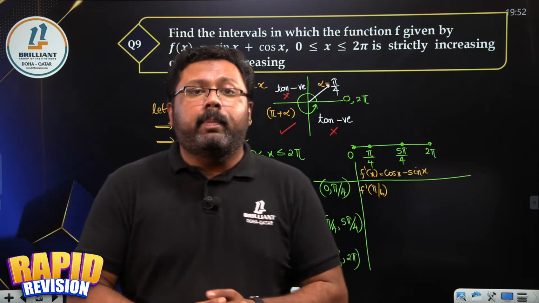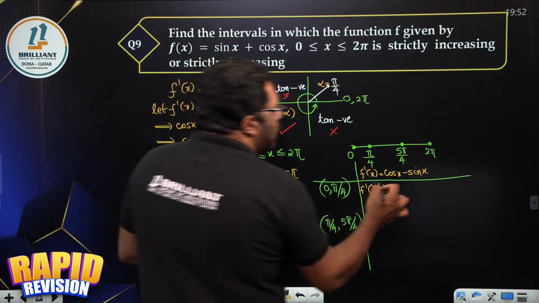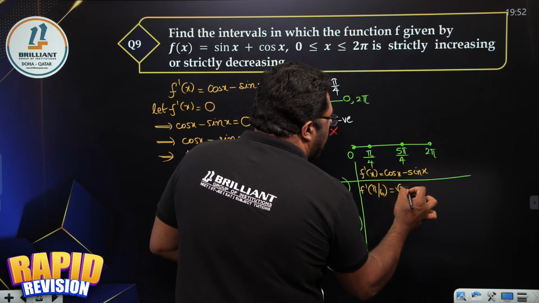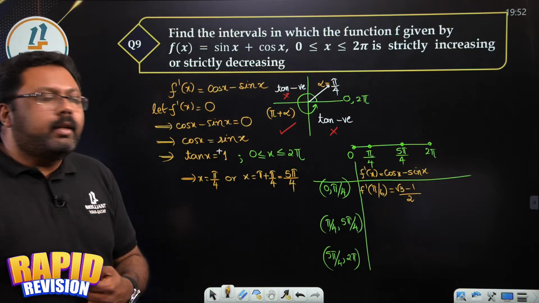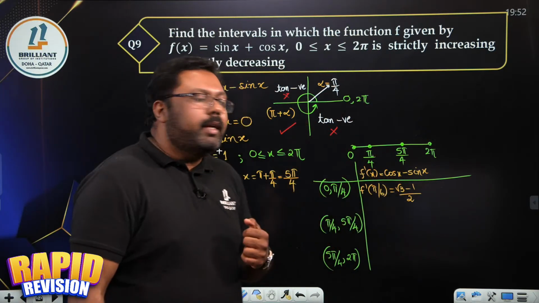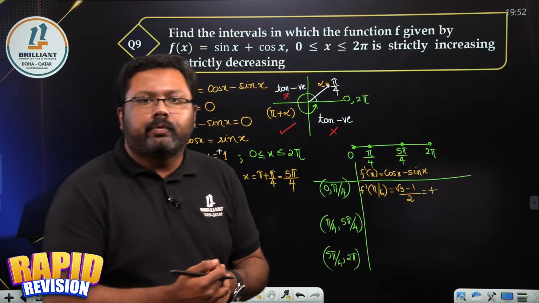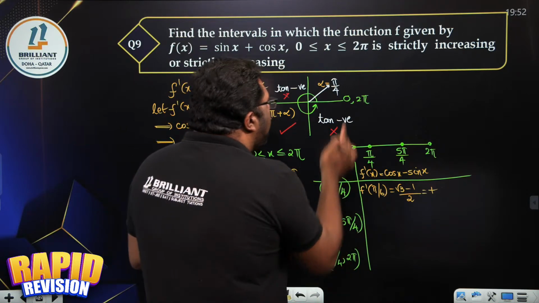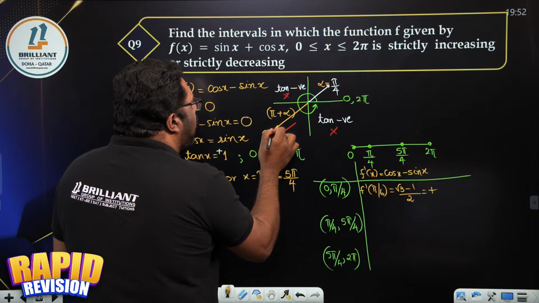Cos 30 is root 3 by 2. Sin 30 is 1 by 2. Definitely answer is positive. Any angle from pi by 4 up to 5 pi by 4.